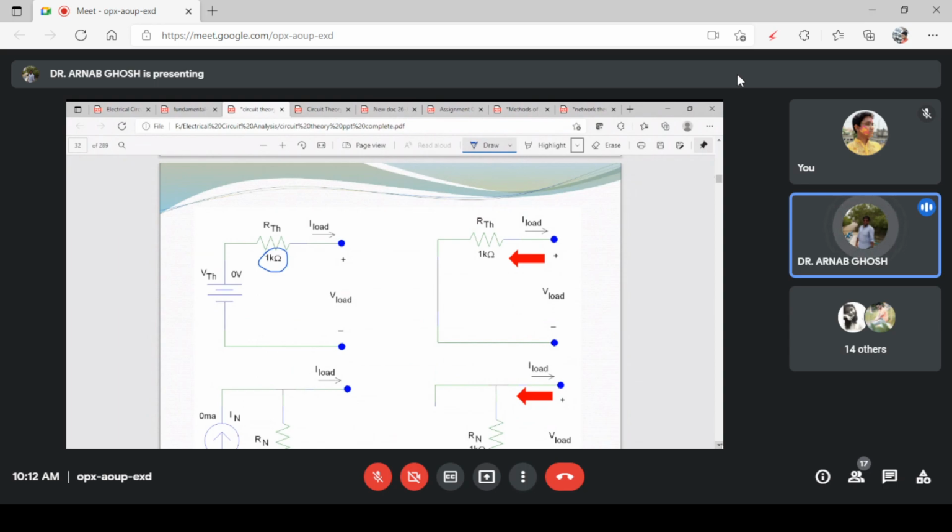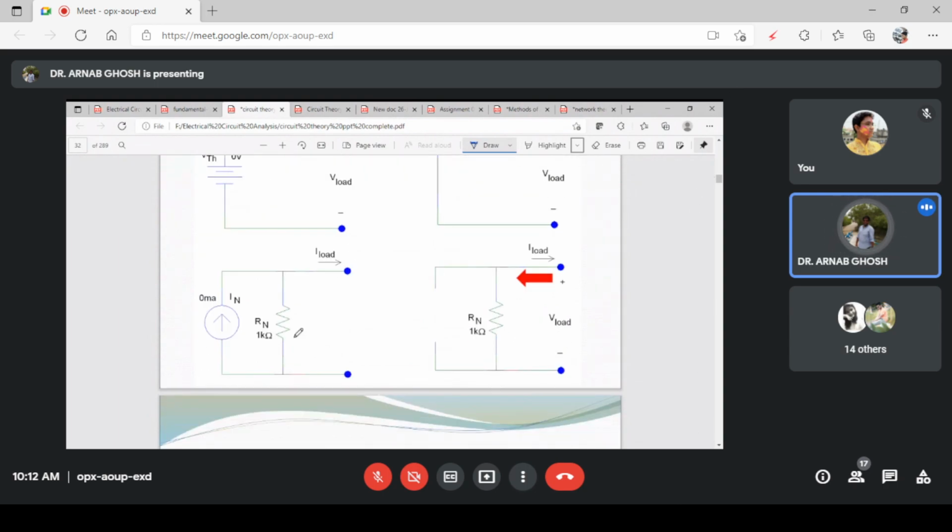Similarly, if you have removed the load resistance and the current is 0 milliampere, that is open circuit, you are again left with just a resistance, and therefore its resistance must be equal to 1 kilo ohm to make the circuits identical, or else this will denote two different circuits. This is why your RN and RTH values are equal. And this VTH and IN, you can calculate just by the source transformation technique.